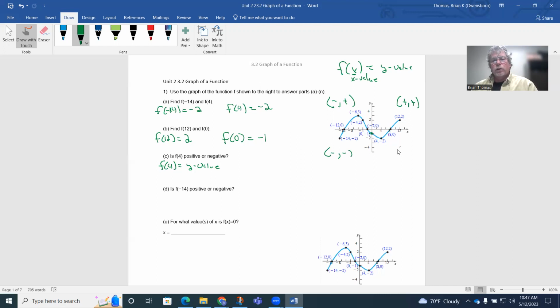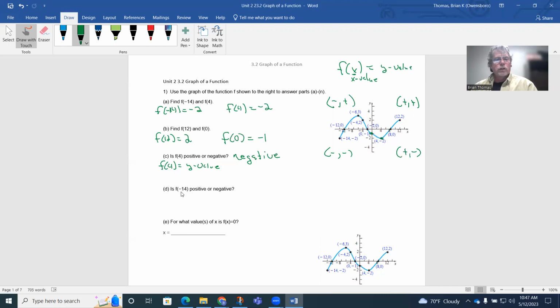In the fourth quadrant, the x value is positive and the y value is negative. So f of 4 means we're talking about where x is 4. Notice that the solution actually is a -2, and we're in the fourth quadrant. That means our y value has got to be a negative value. So is f of 4 positive or negative? Well, it depends on the y value, and since the y value is negative, we end up with a negative value there.